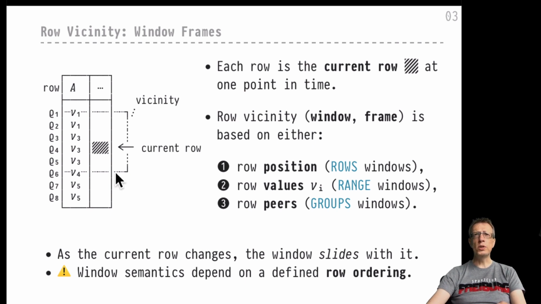You see that within that particular vicinity is the current row itself. Some rows before and some rows after the current row might be in the vicinity that we are currently considering.